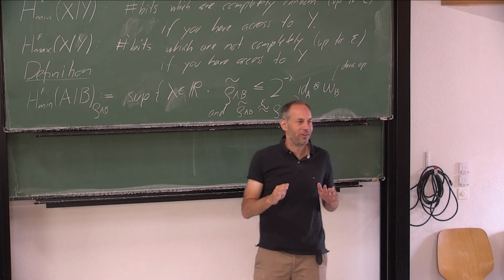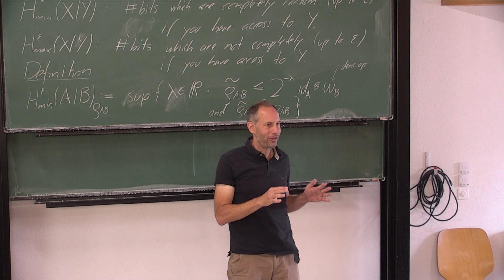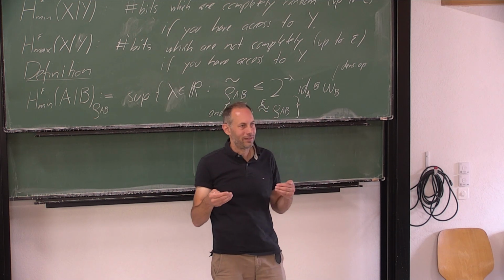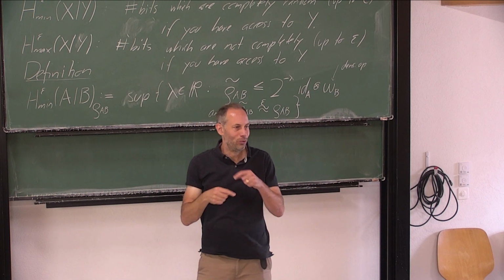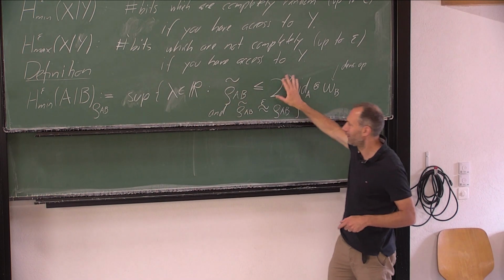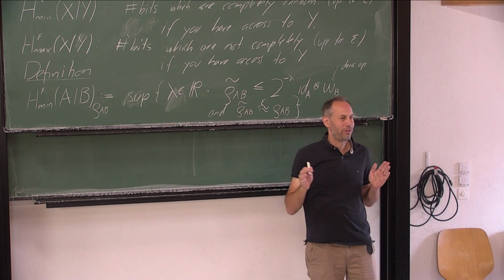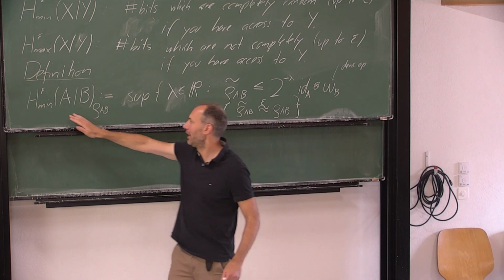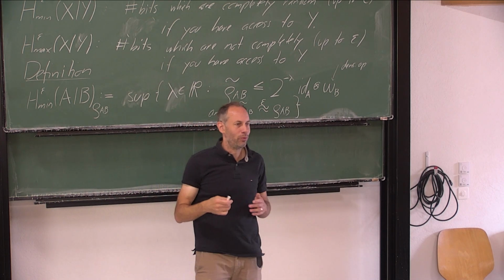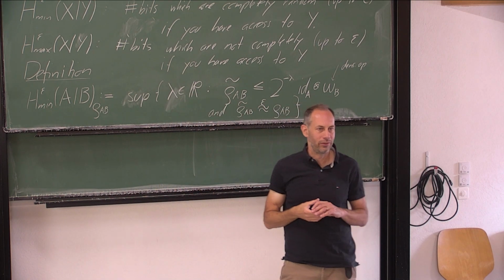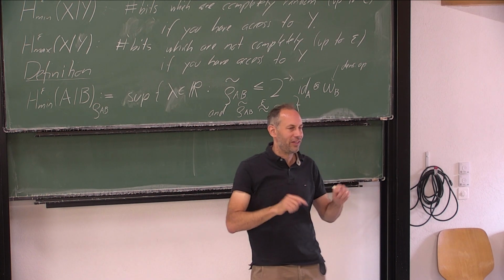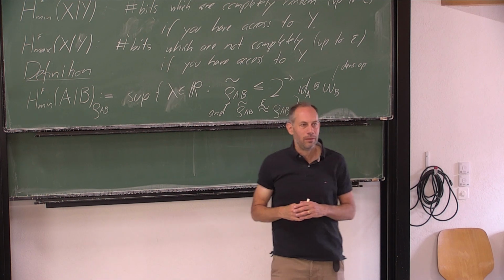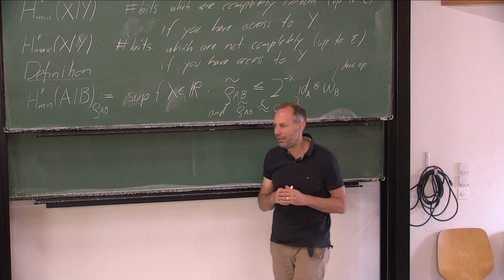That was not the original definition, that was later a discovery, but now as we know that this is the case, we can just express the max entropy as minus the min entropy of A given the purifying system, and take that as a definition. But of course you always have a choice, what is the definition and what are derived statements, but I think this just keeps things more minimal.